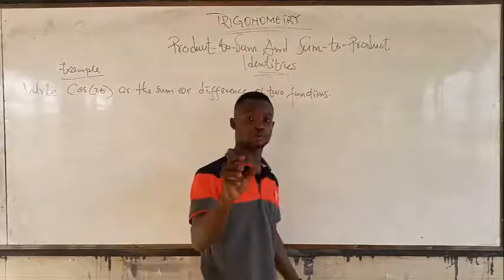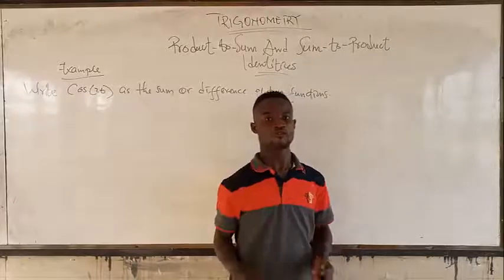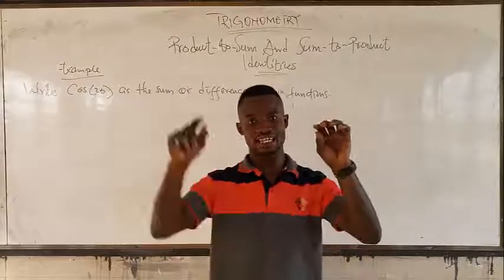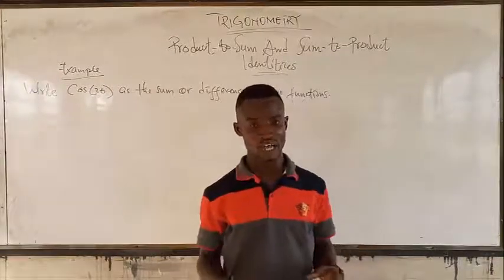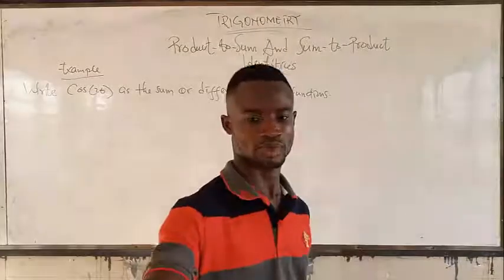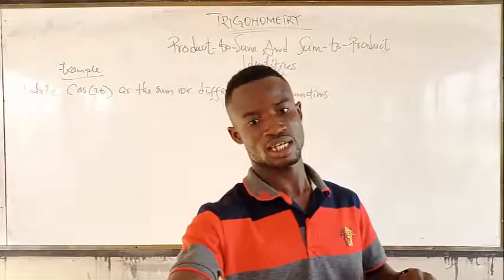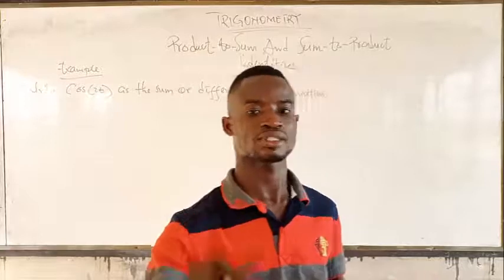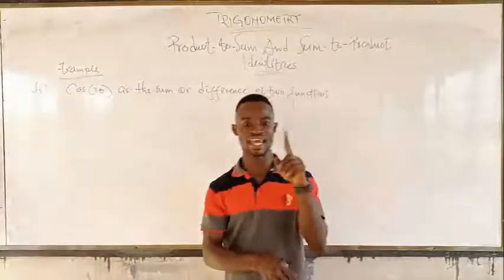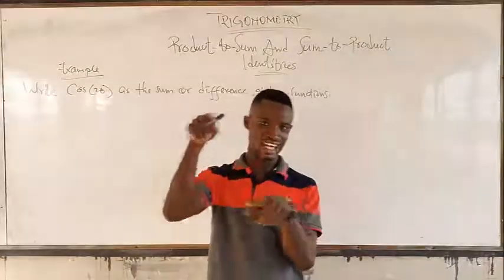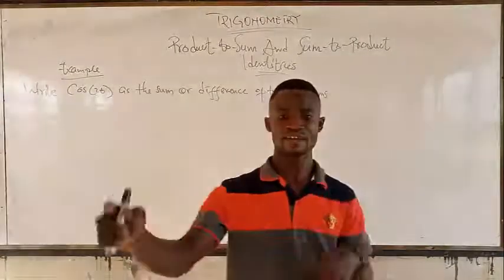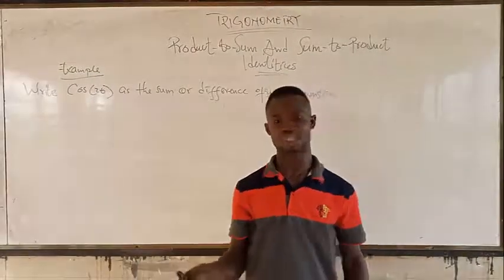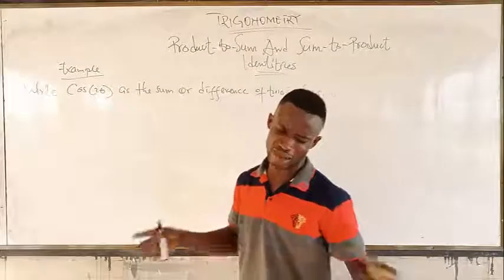Alright, so now when you group the 4 formulas that we have derived for the product of cos A and cos B and the product of sin A and sin B, please don't forget that sin A cos B is not the same as cos A sin B. Also, cos A cos B is not the same as sin A sin B. I think that one is clear.